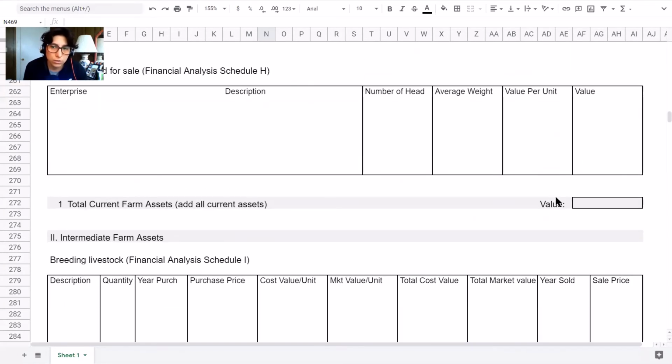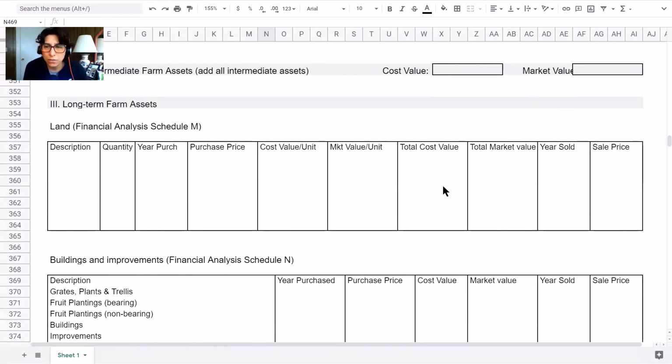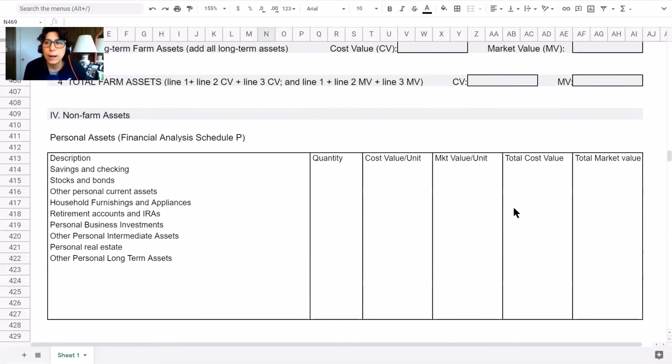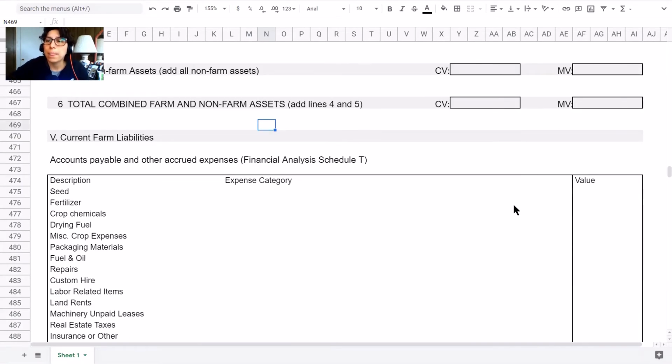So there's just one number, and when you have to add that to other numbers around here, you will use that number plus cost value, and that same number for current assets, which is line 1, plus market value. And this is where we were. Okay.